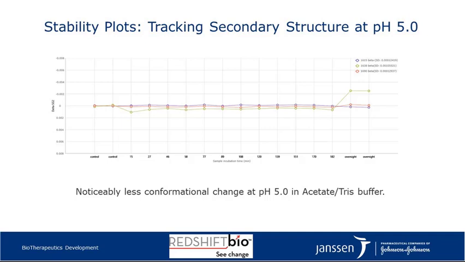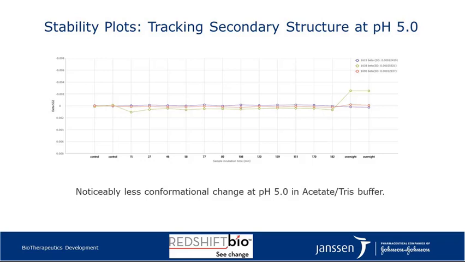We know for this particular mAb, its preferred pH is approximately 6, which is demonstrated by the pH 7 control being where we like to keep it, and that at lower pHs, it has a little bit less stability. But here you can see under these conditions that the lines were pretty flat.